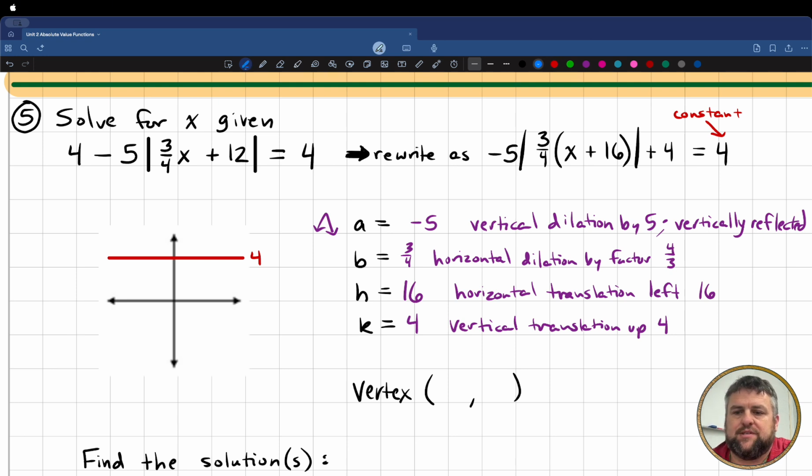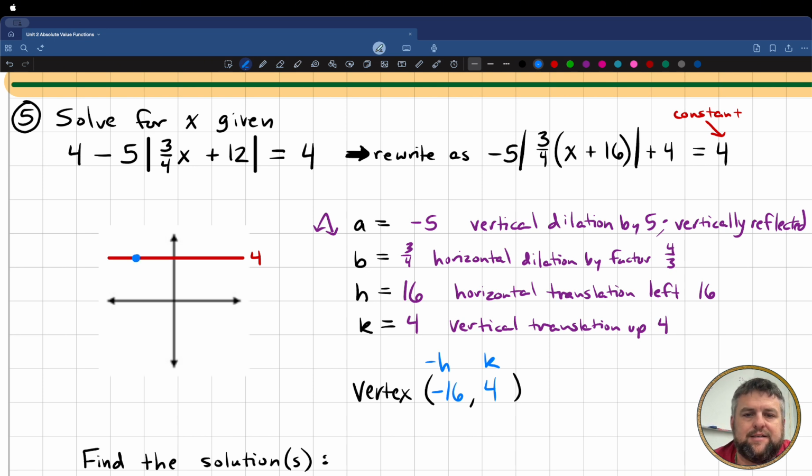So we're going to go 16 units to the left. The vertex is going to be at negative 16, 4. It's the opposite of h, so negative h, and you keep the k exactly how it is. So we have negative 16, positive 4. And then when I go to the graph, I'm going to go to negative 16, all the way up to 4, and you're going to see it touches the line.